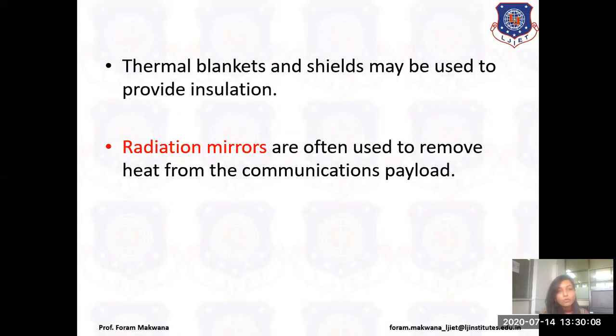So how we can reduce the temperature or minimize the effect of temperature on the satellite? So the first point is thermal blankets and the shields may be used to provide the insulation. And the second reason is radiation mirrors are often used to remove the heat from the communication payload.